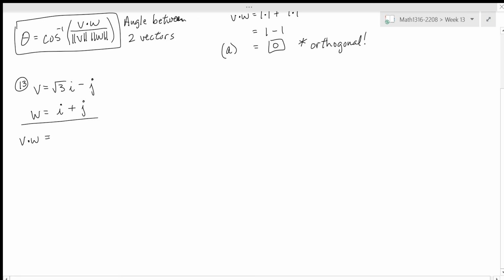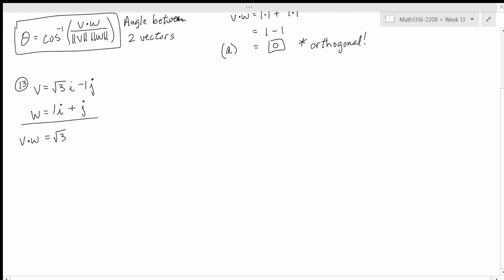And so the first thing they want me to find is the dot product. And I don't know if you noticed, but it makes it a lot easier if you stack the two vectors on top of each other, because it lines up the a's and it lines up the b's. So what is square root of 3 times 1?